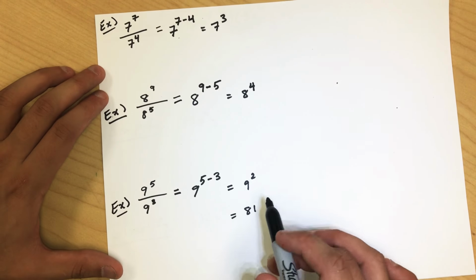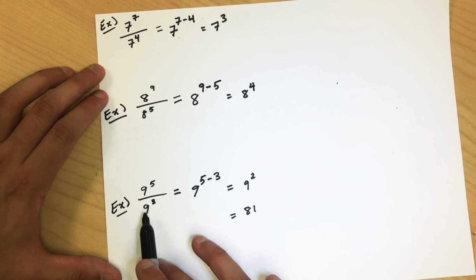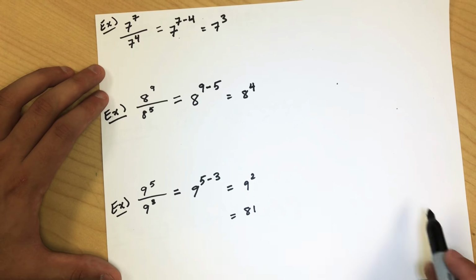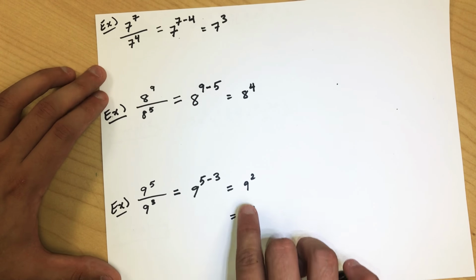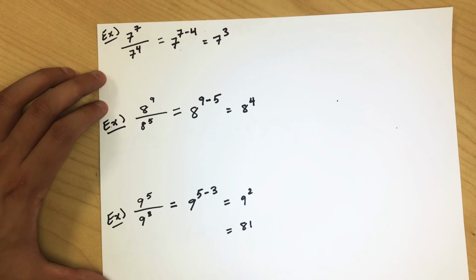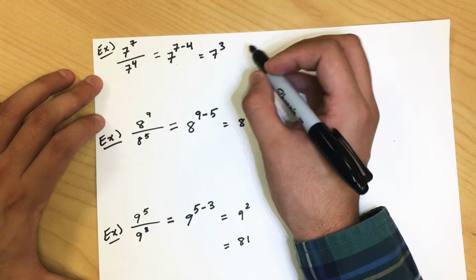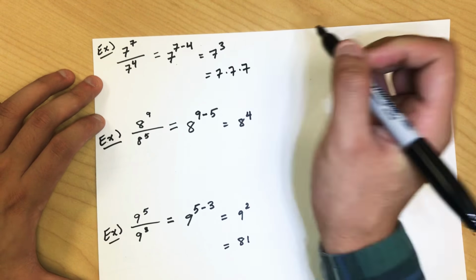And don't forget, guys, just because you simplify it, just because you get 9 to the 5 divided by 9 to the 3 is 9 squared, doesn't mean 9 squared is going to be one of your answers. The answer might be in the form expanded. So instead of 9 squared, the answer form might be 9 times 9. Okay, so for example, instead of 7 cubed, the answer might be of the form 7 times 7 times 7.